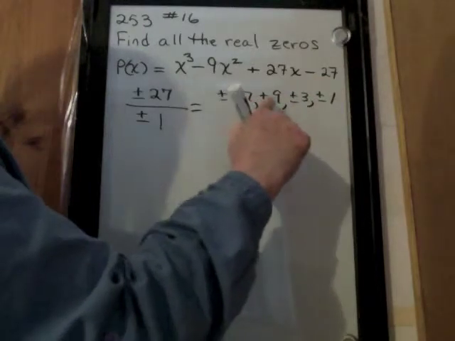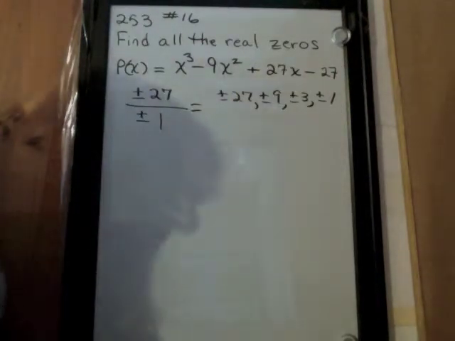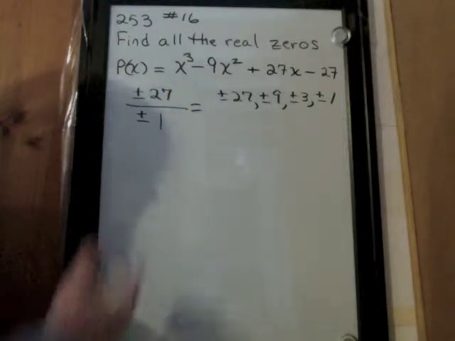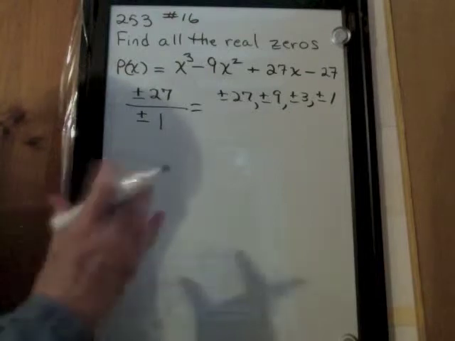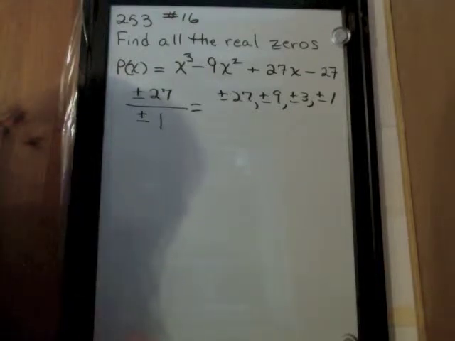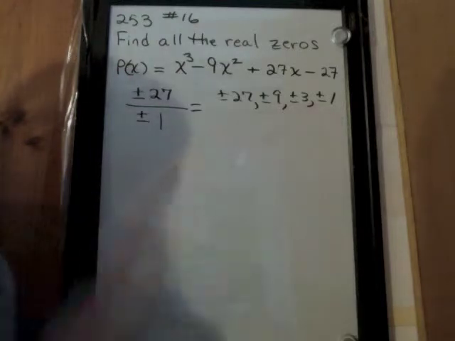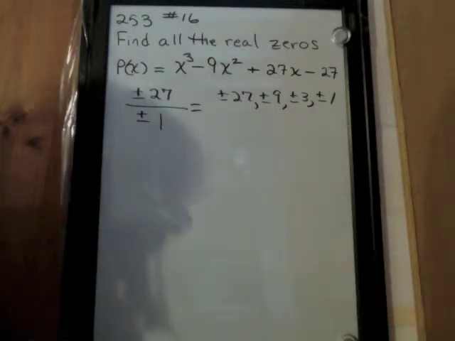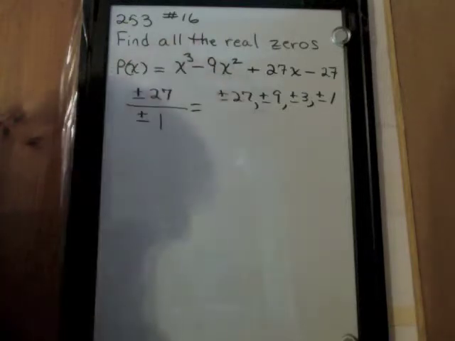So that's 1, 2, 3, 4, 5, 6, 7, 8 possible answers for this problem. Now, because there's an exponent 3 there, I know that it has a possibility of 3 real answers based on that exponent. Here, I have all those possibilities to test to see if there's a real number, it's going to be one of those for an answer.